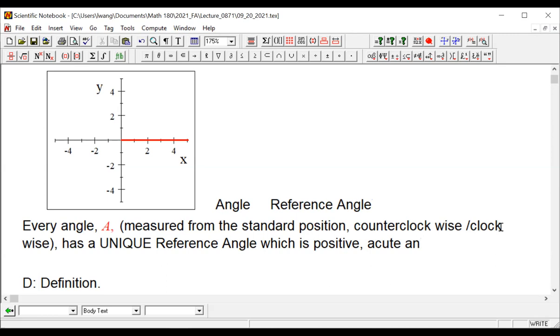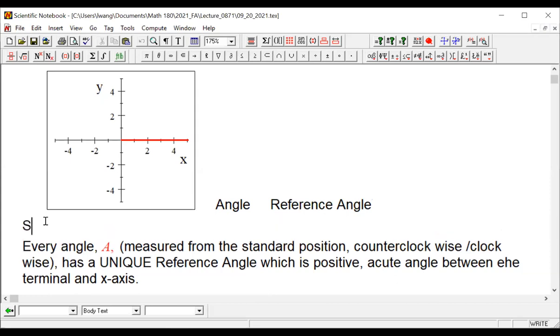I'm citing the definition of reference angle, which is the positive acute angle between the terminal side and the x-axis. This is my first statement. Do you agree? I want you to read it carefully and change my grammar, whatever, improve my Chinglish.